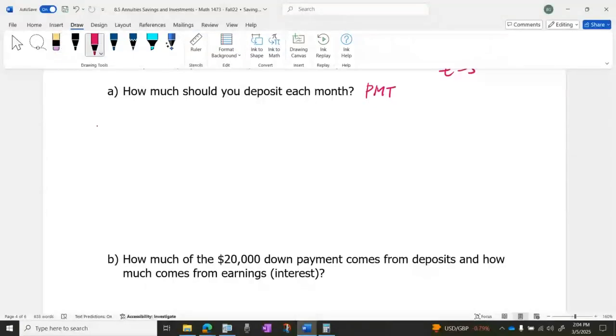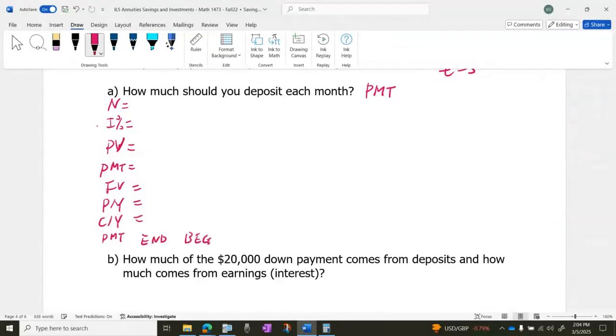Capital N, I%, PV, PMT, FV, P per Y, C per Y, PMT, end or begin. All right. So let's see what do we have for this problem.